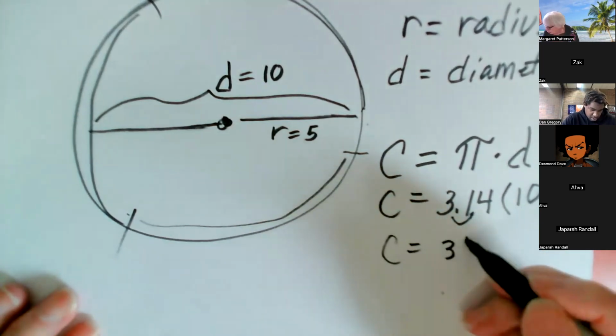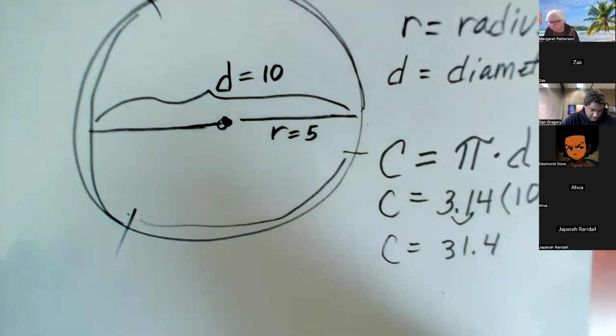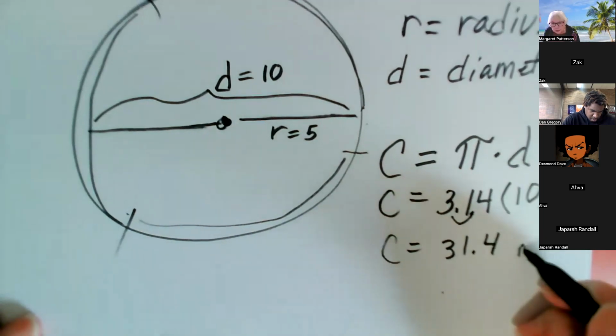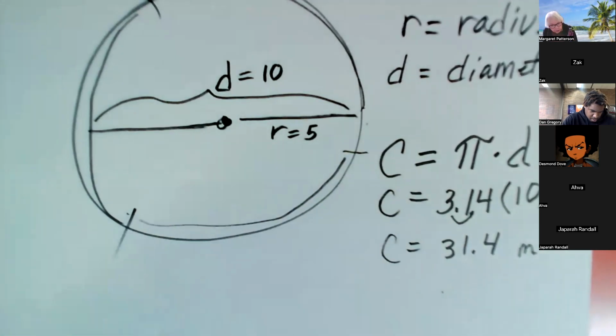So it'd be 31.4. So the distance around that circle is approximately 31.4. It depends on the units, if this was in meters, this would be in meters, but they're not expecting you to fill that in.